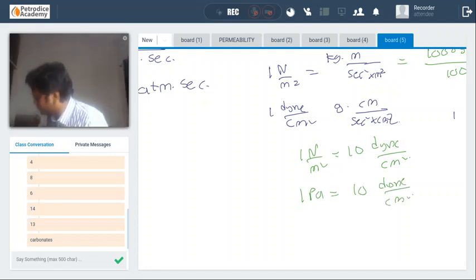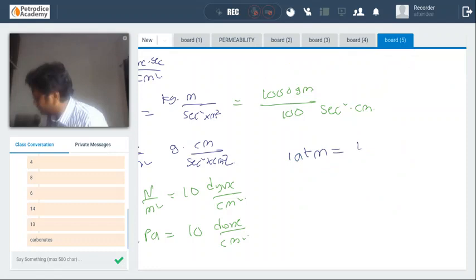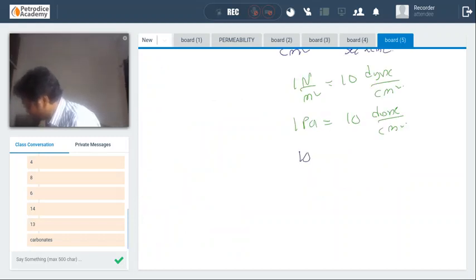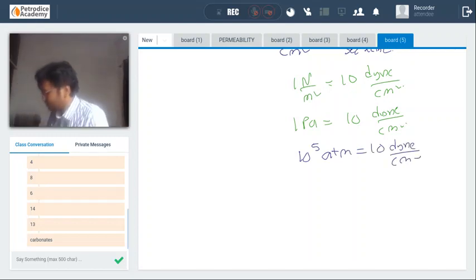We know that 1 atmosphere is equal to 10 to the power 5 pascals. So 1 Pascal is 10 to the power minus 5 atmosphere, and 10 to the power minus 5 atmosphere is equal to 10 dyne per centimeter square.